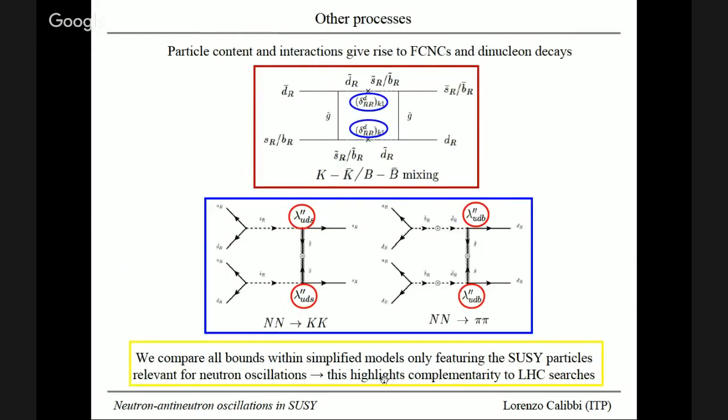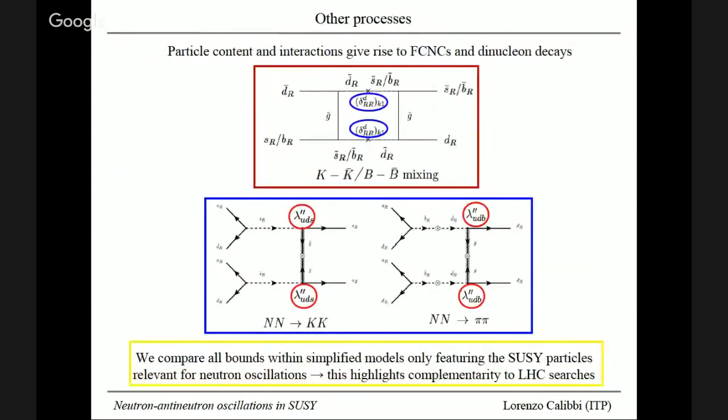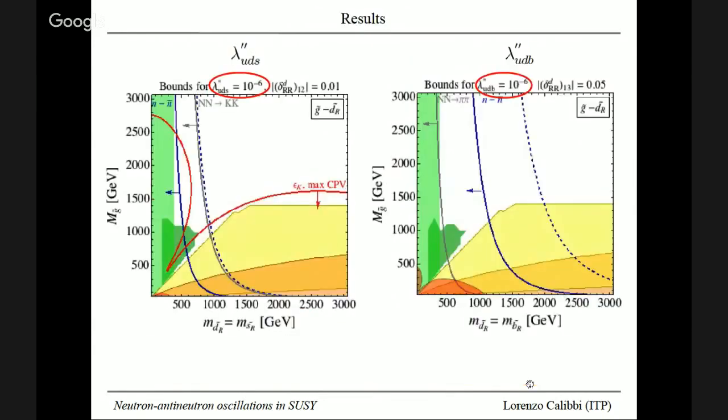So we could compare in a pretty straightforward way the strengths of all these different experimental informations, the impact of all of them on our parameter space. And our goal was basically highlighting the complementarity of our neutron oscillation experiment and the direct LHC searches. So let me show you some colorful plots.